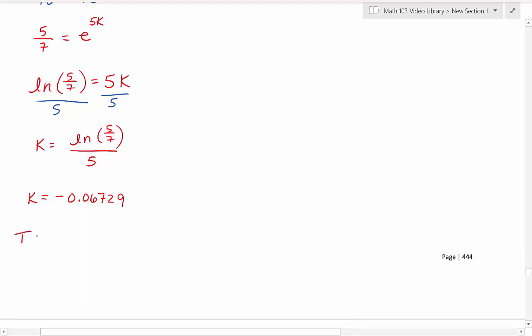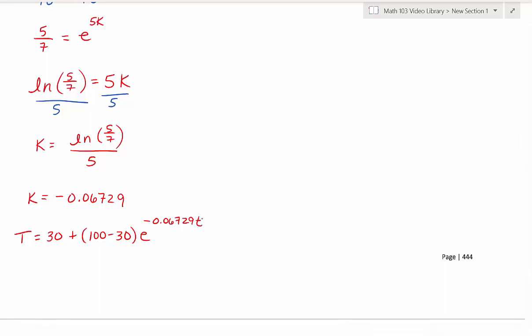So that'll be T equals 30 plus 100 minus 30 times e to the negative 0.06729 t power. The reason that we plug in that initial temperature and the temperature of the room is because those two things are staying constant.